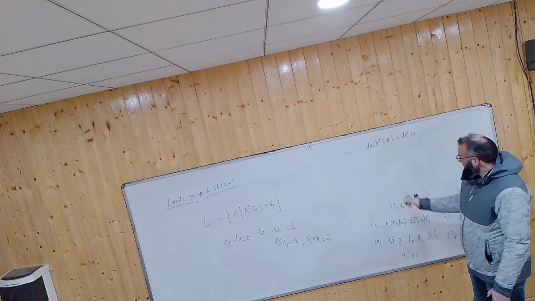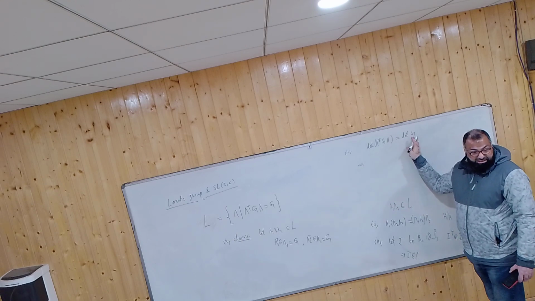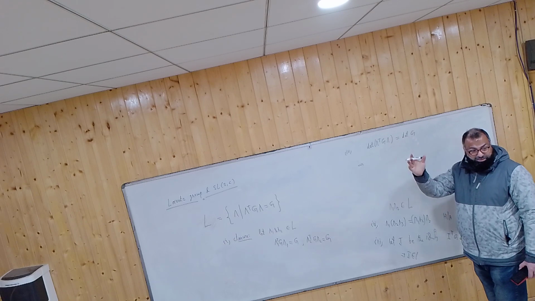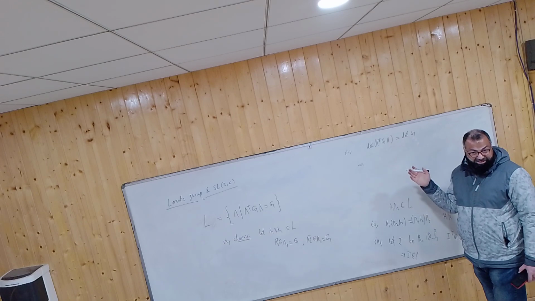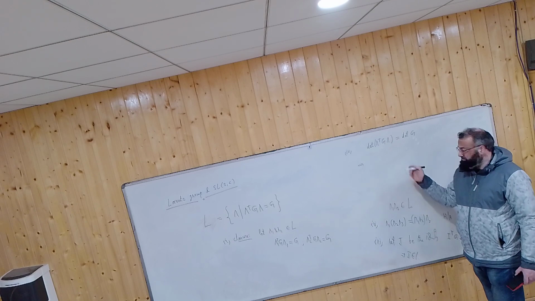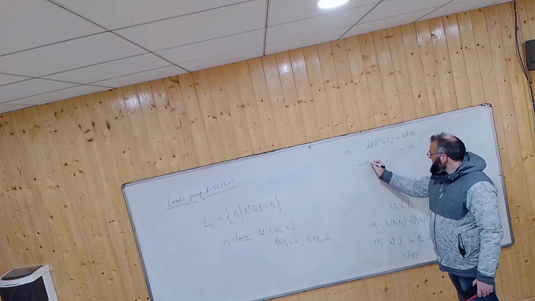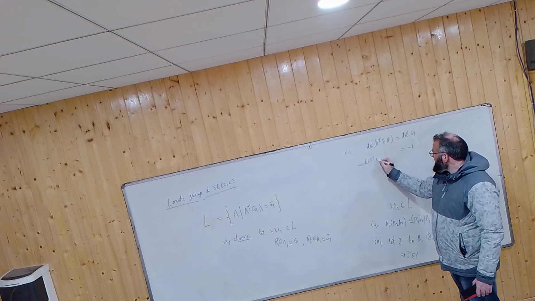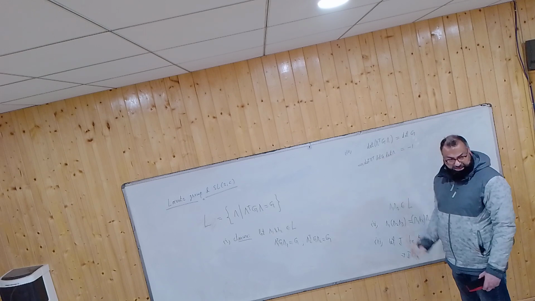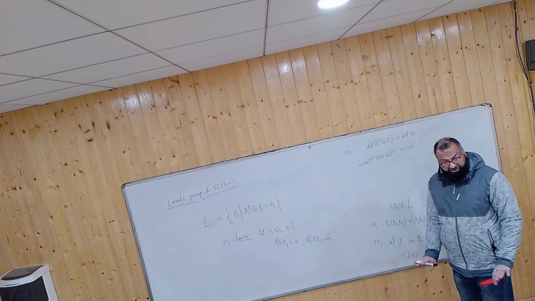Clear? So now what is the determinant of G? G is the metric tensor. What are its elements? 1, minus 1, minus 1, minus 1. What is the determinant? Product of the diagonal terms, that's minus 1. So the left side is the determinant of lambda transpose, determinant of G, and determinant of lambda. Everybody is following it?